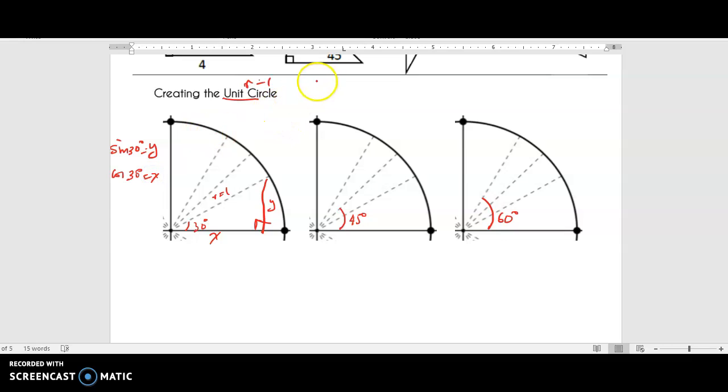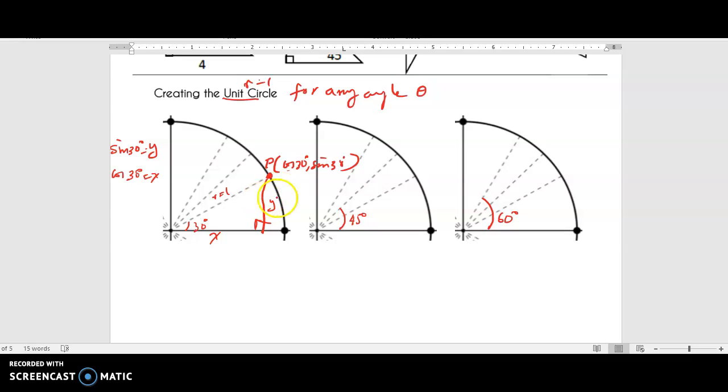So for any angle theta, the coordinate of point P is x comma y, which is cosine of theta and sine of theta. So that's what you must remember. So by saying that, sine 30 would now be half.